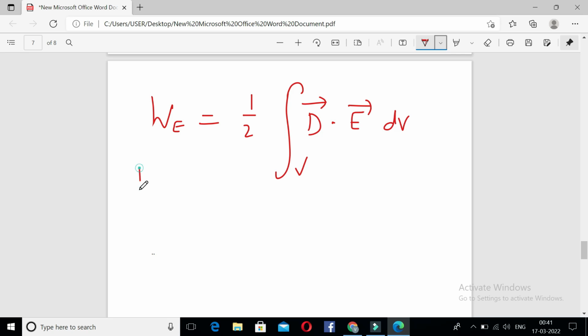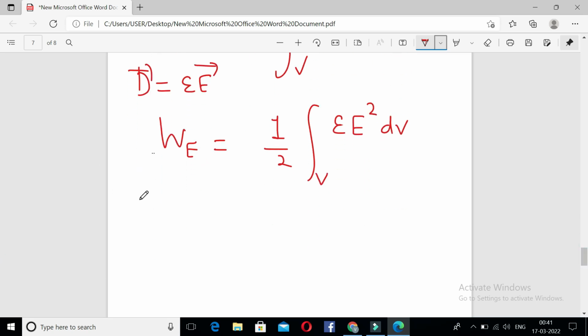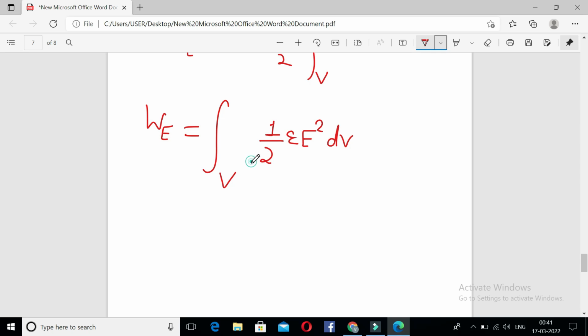And we know D is equal to epsilon E, so we get W equal to 1 by 2 integral of epsilon E square dV, and this is the energy density.